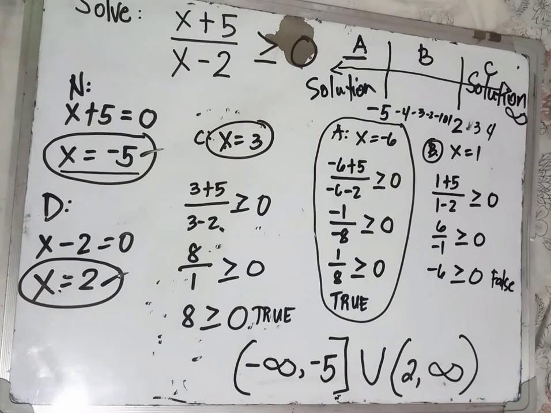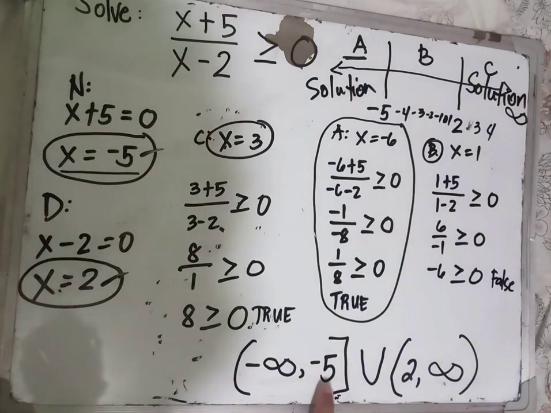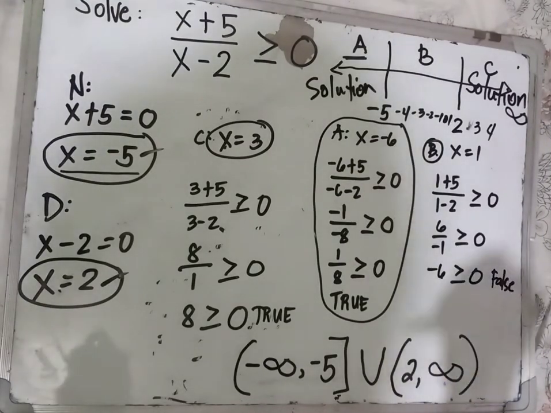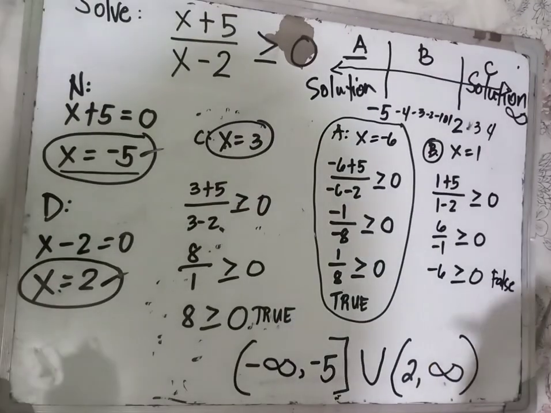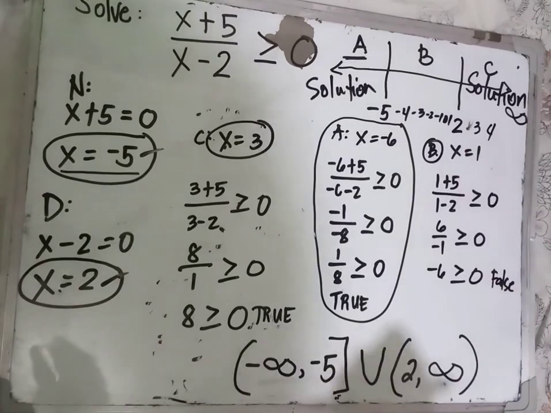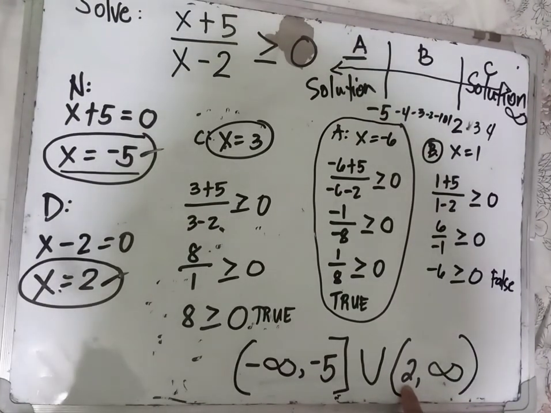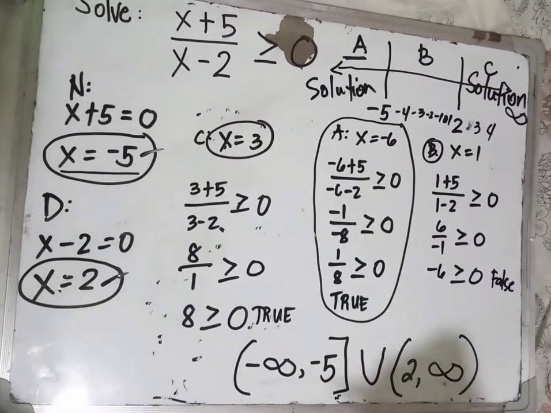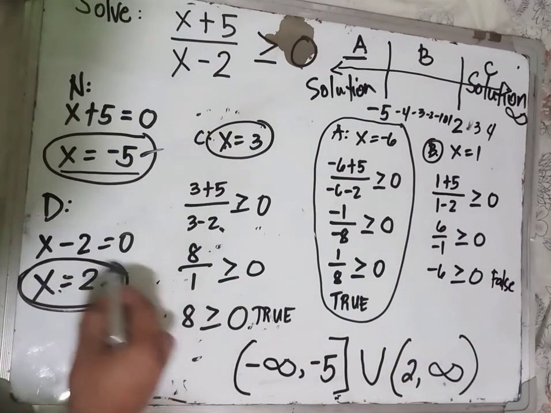Yes, bracket kasi negative 5 is included sa solusyon. Lagyan lang natin ng bracket yung meaningful numbers na part of the solution. Tingnan natin yung positive 2. Parenthesis lang ang nilagay kasi positive 2 is not included in the solution, but still it is a meaningful number.